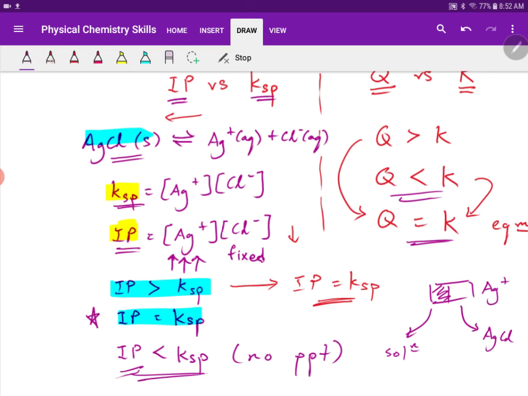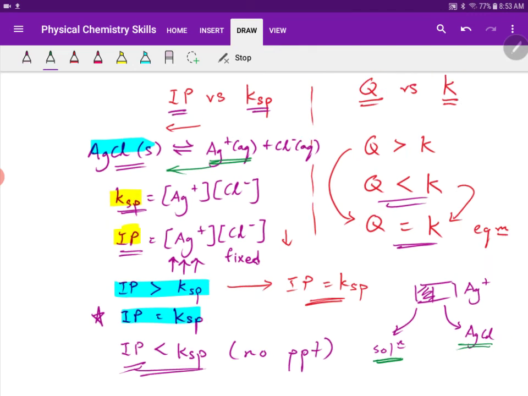As we have learned in the chapter of equilibrium, when we introduce a stress to a system, the system will try to reduce that stress, but it will not eliminate it. So let's say I increase this by 2 units, maybe 1 unit stays in the solution, another unit participates in the shifting of the position of equilibrium to give you this AgCl solid. This is something that's quite important.